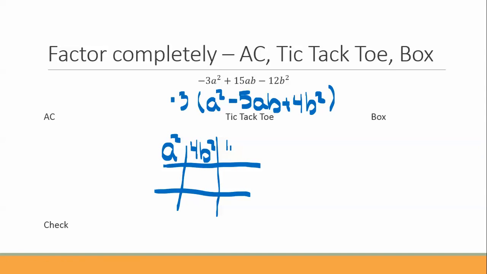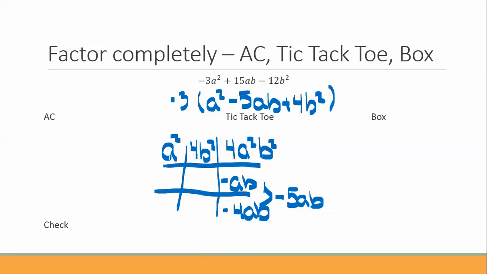Multiply across, we have 4a squared b squared, and these two need to add to minus 5ab. So we need to multiply to 4 and add to minus 5. That's going to be minus ab and minus 4ab.